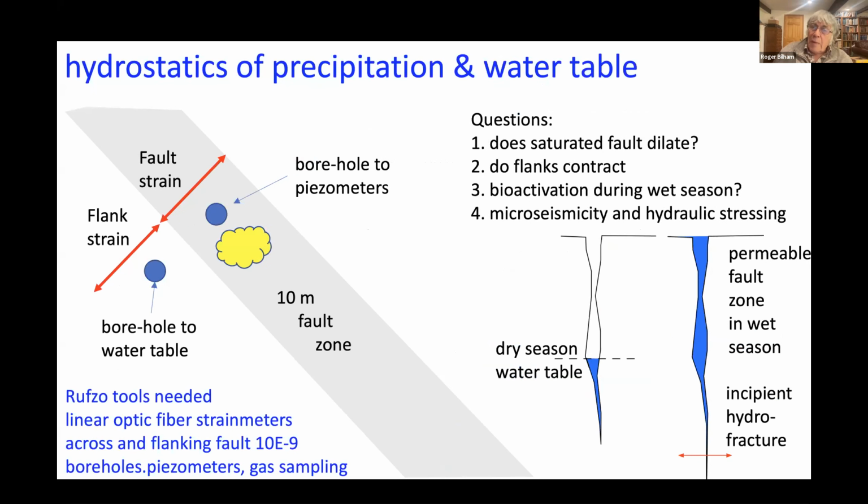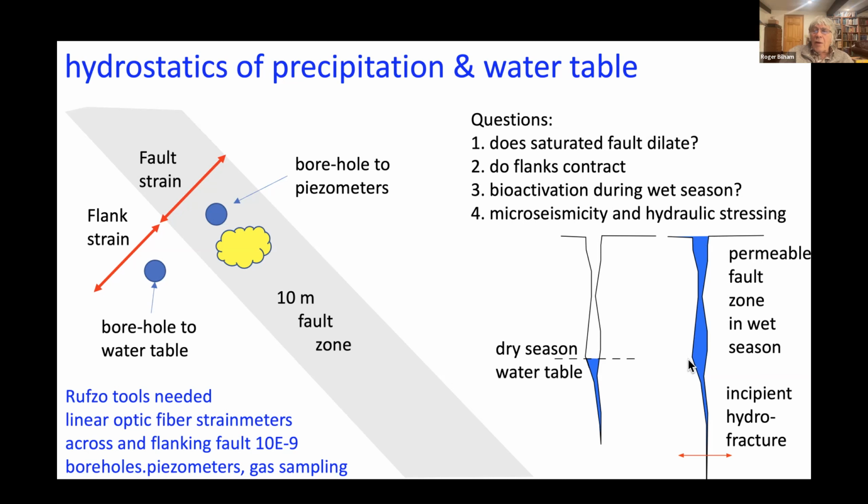Two other things that I haven't mentioned but which could be done is to look at the effects of loading of the fault. So we've got a passive fault, but we are loading it either with distant forces like atmospheric loading or whatever. But here I'm showing you an example of what happens if you have a dry season water table that's coupled to the surface.